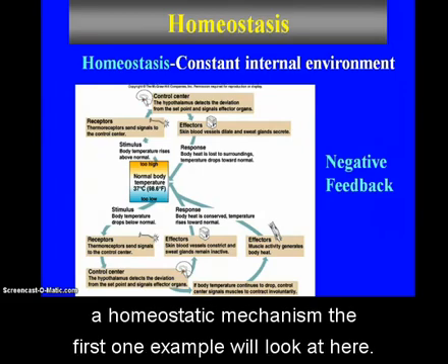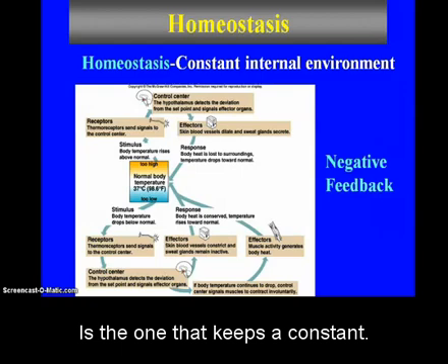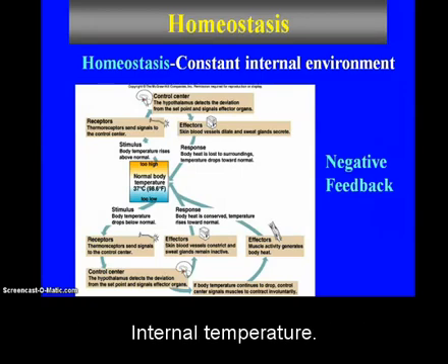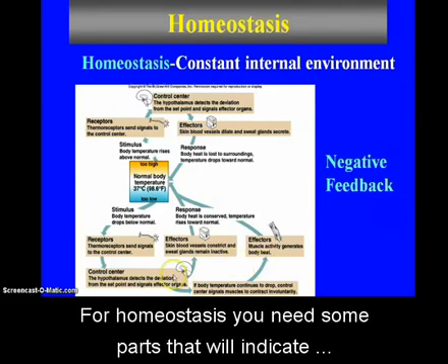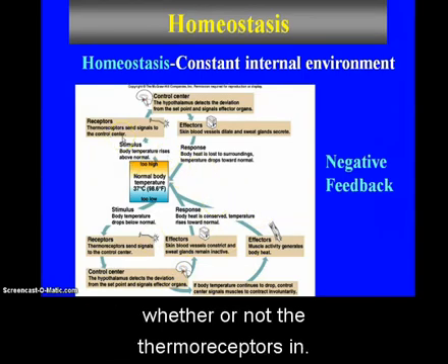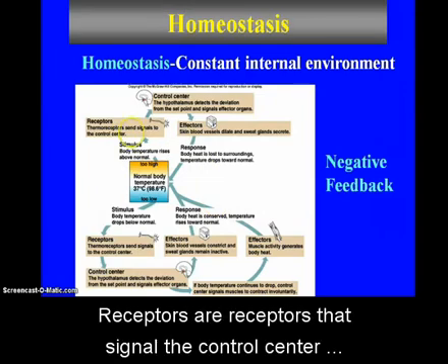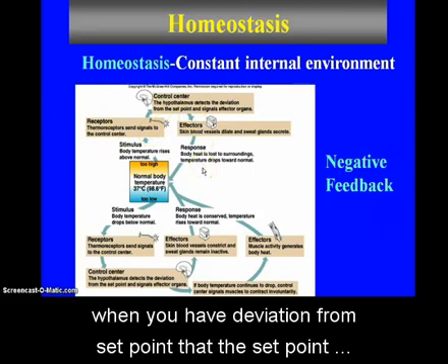Okay, let's talk about homeostasis and a homeostatic mechanism. The first example we'll look at here is the one that keeps a constant internal temperature. For homeostasis, you need some parts that will indicate whether or not there is a deviation. Thermoreceptors are receptors that signal the control center when you have deviation from set point.